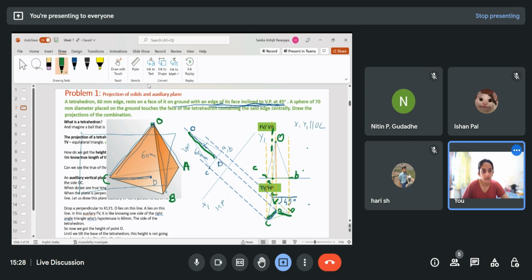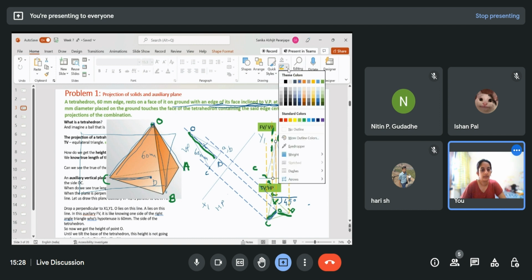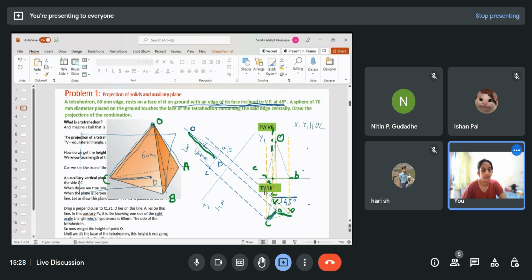Because this is the line where the base plane lies, that's why ABC lie on this plane, and I'm joining OA, OB and OC. So now this line OA will actually be an invisible line, so I will make it a dashed line.